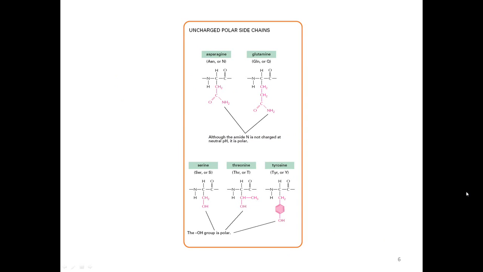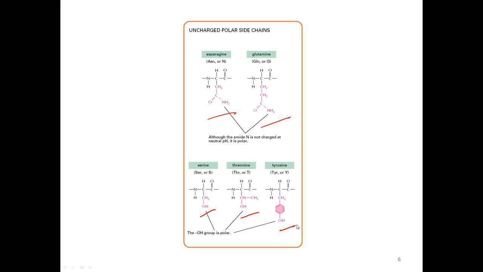The second main category of amino acids are polar, like the charged amino acids, but they themselves are not charged. We have asparagine and glutamine that have carboxamide side groups, and we have three types of amino acids that have hydroxyl groups: serine, threonine, and tyrosine.